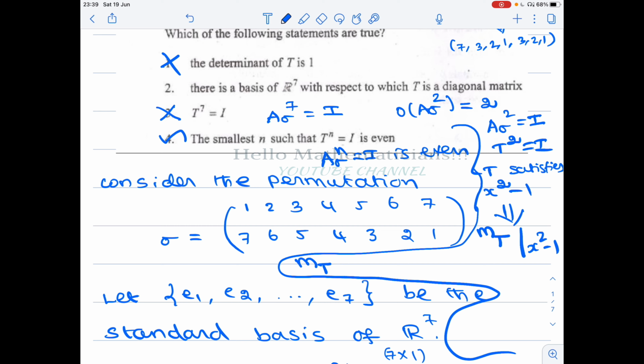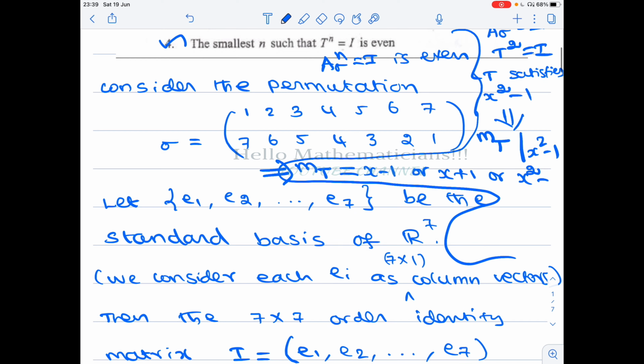So the minimal polynomial divides x squared minus 1. That means that the minimal polynomial of T should be equal to one of the divisors of x squared minus 1. So what are the divisors? This should be either x minus 1 or x plus 1 or x squared minus 1 itself.